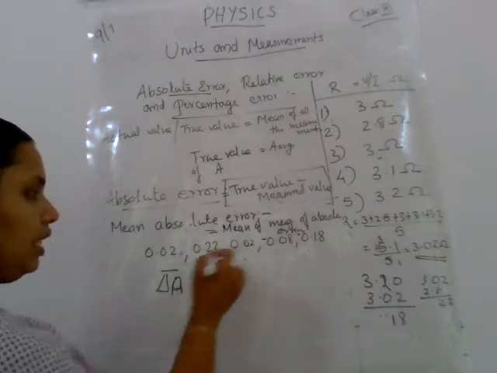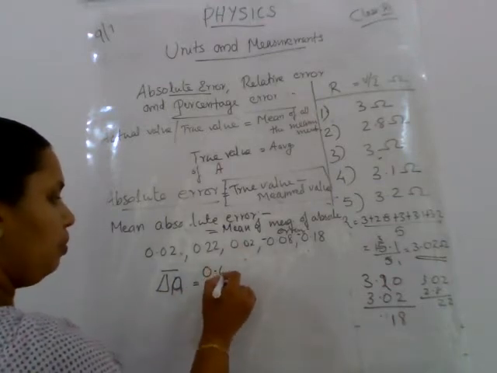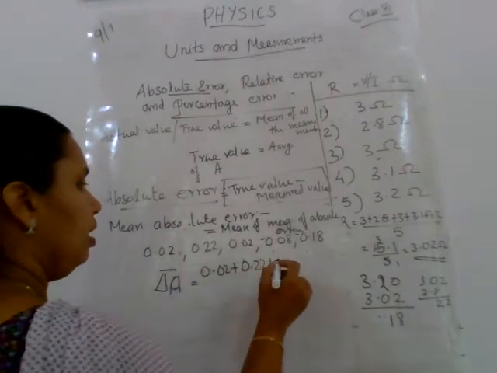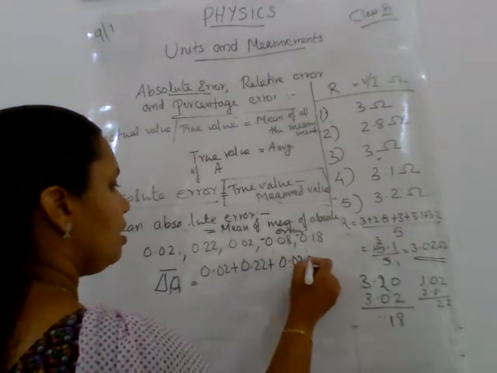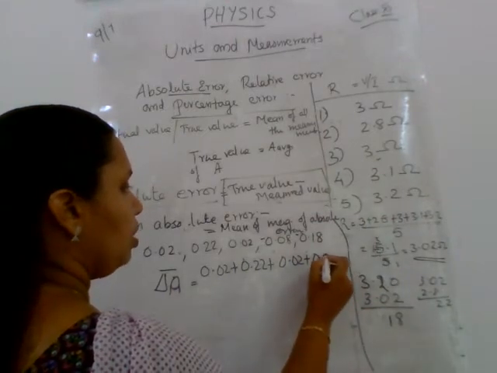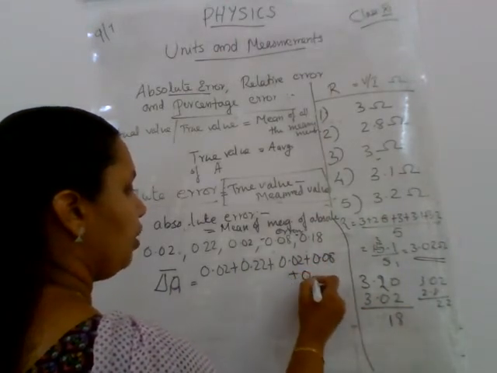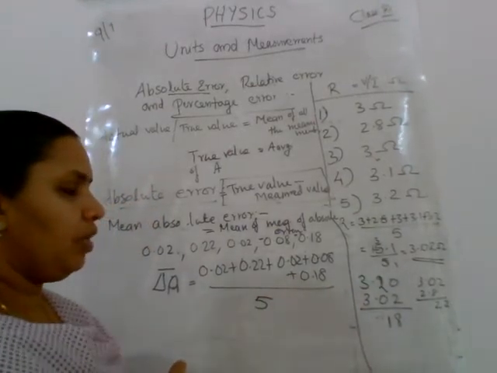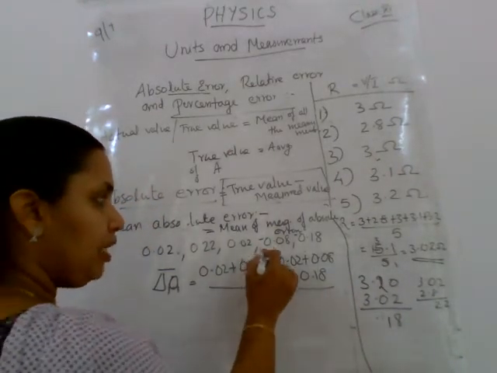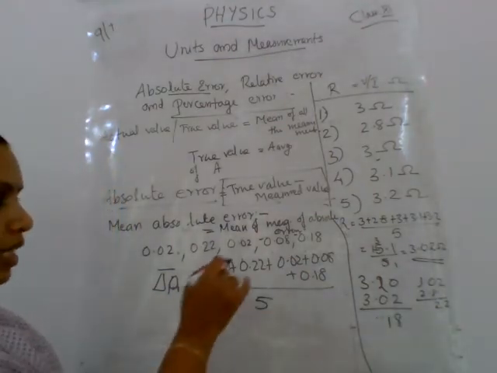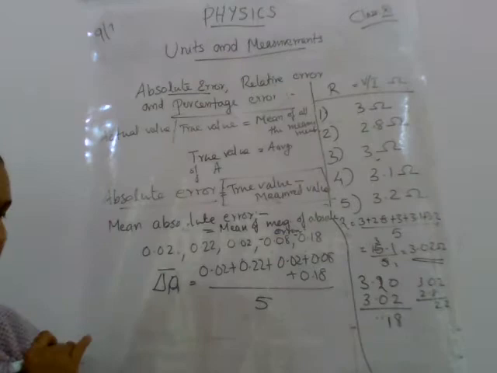So how much is it in this experiment? 0.02 plus 0.22 plus 0.02 plus 0.08 plus 0.18 divided by 5. These two are negative, but we don't consider it as negative, just the magnitude.